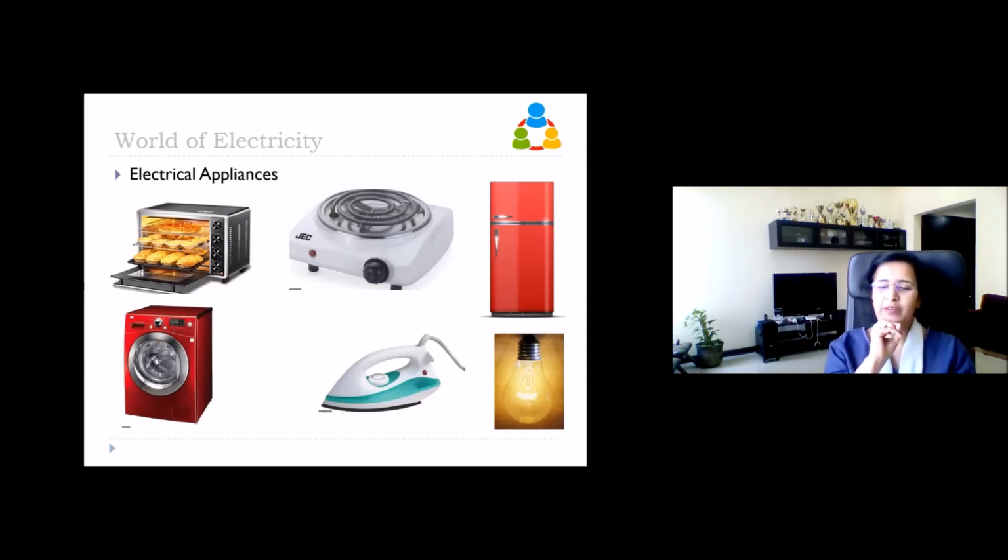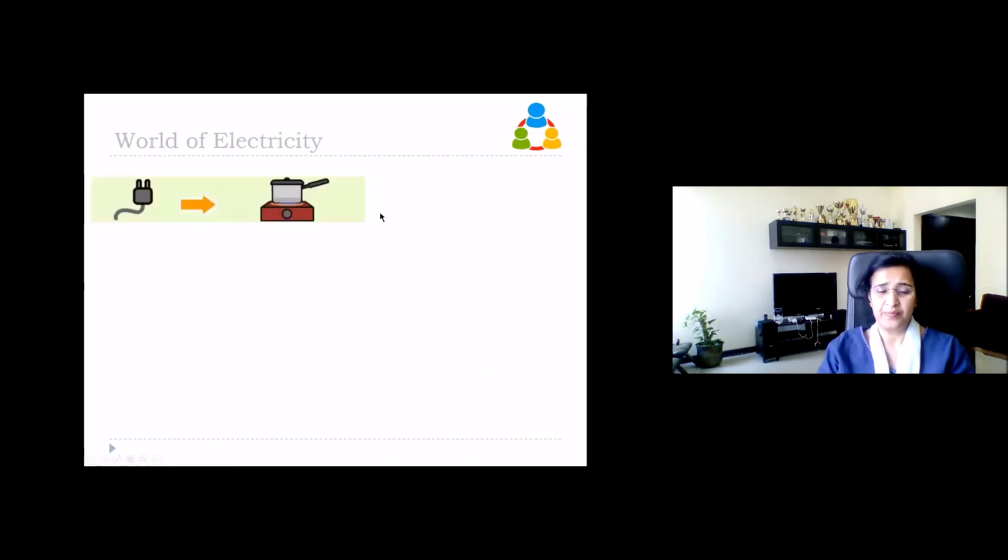In a washing machine motor, it starts rotating. In an iron box, it gets heated and we can use that heat to iron our clothes. In the light, when 240 volt electricity passes through it, it gets converted into light energy. In the fridge, it becomes cold, right?